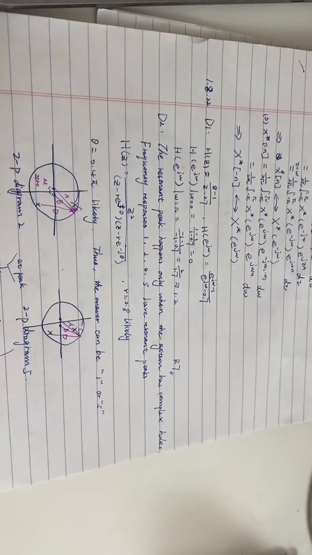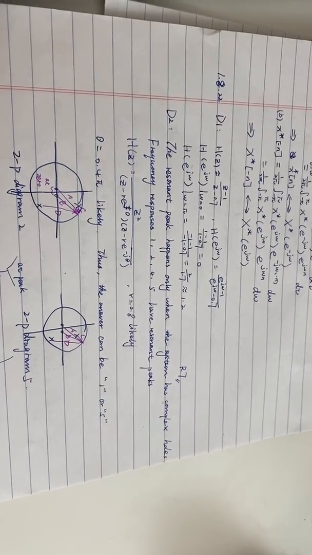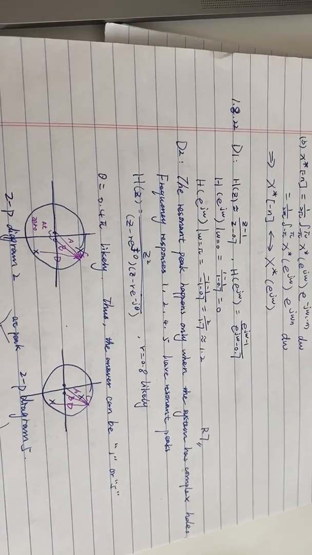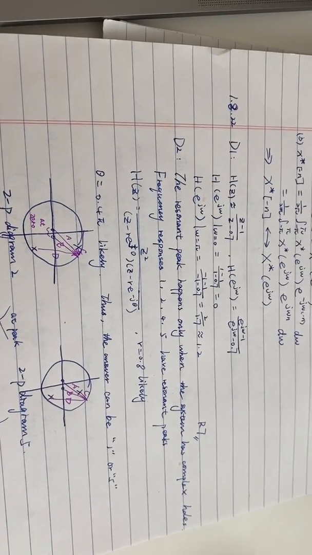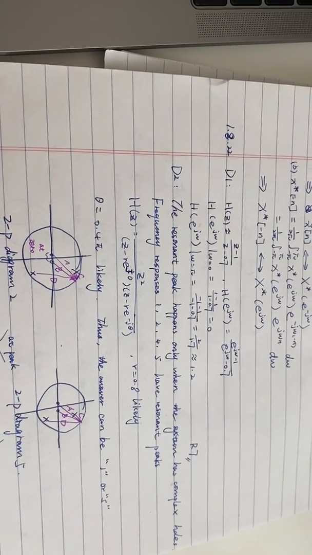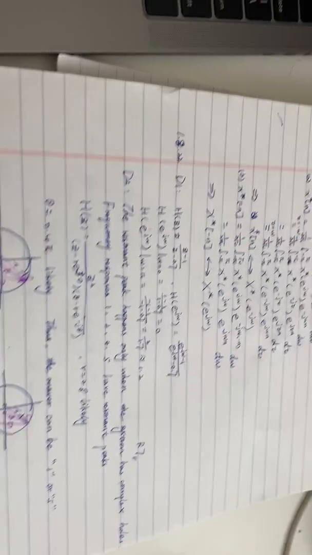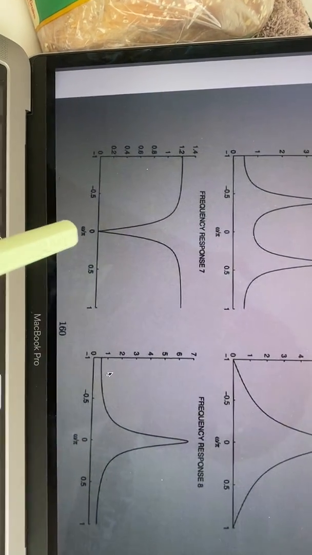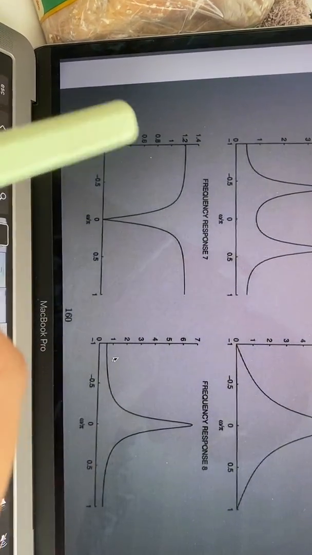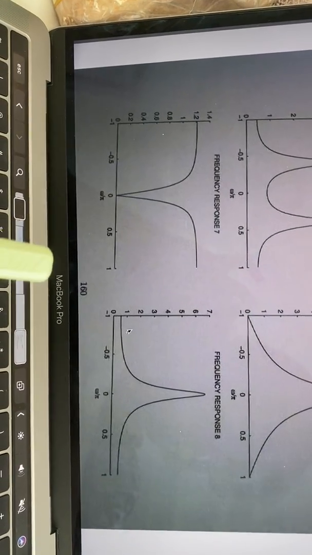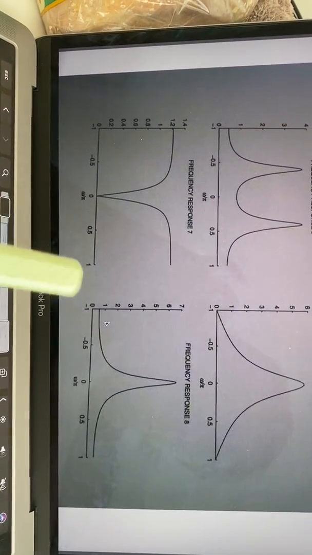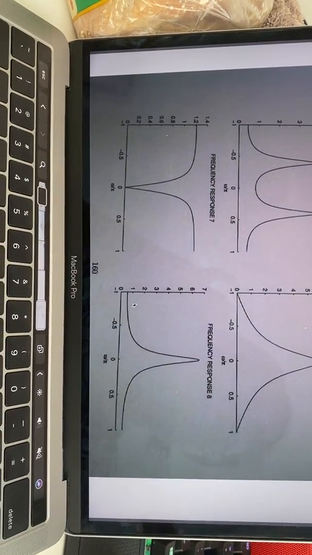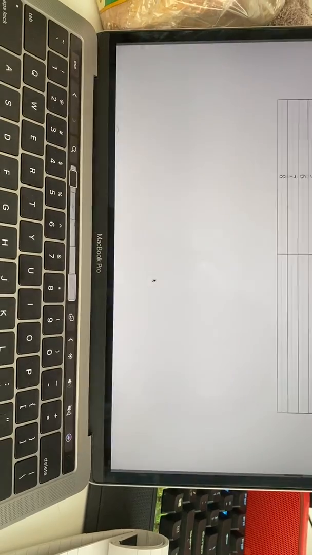So in the frequency response diagrams, we can find that R7 fulfills our requirements when omega equals 0 and when it equals pi. So for diagram 1 we can choose response 7.